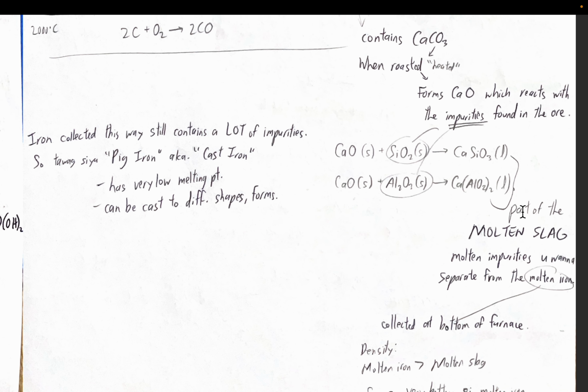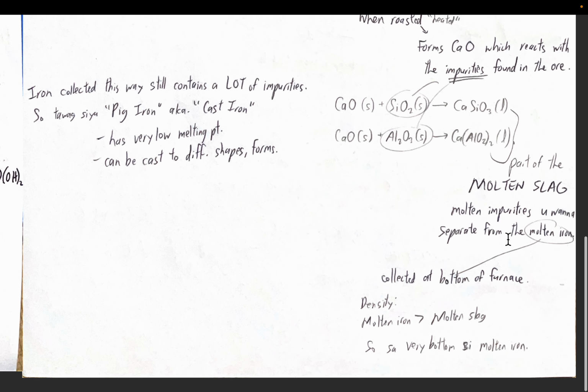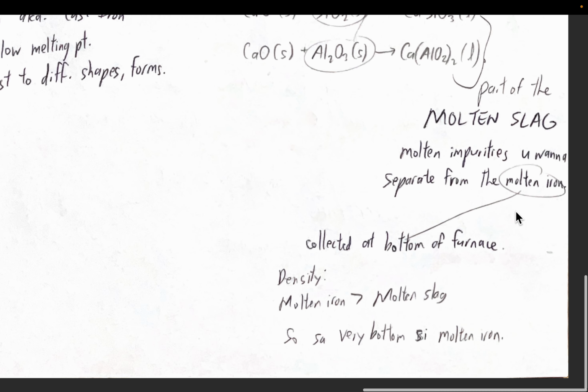What's produced are part of the molten slag. These are molten impurities that you want to separate from the molten iron.